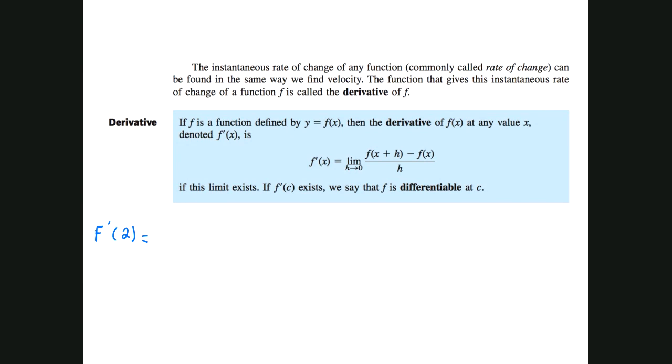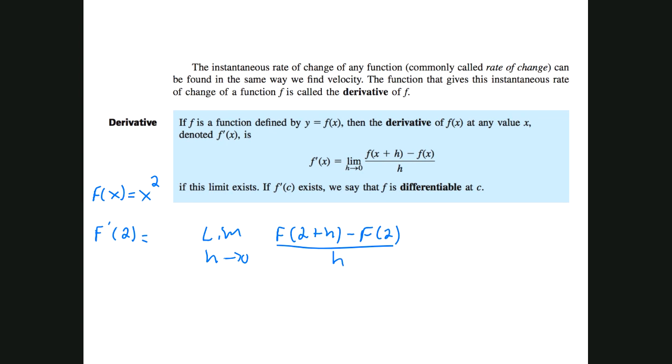Then I would have to do the limit as h approaches 0 of f of 2 plus h minus f of 2, all over h, and I'm using f of x equals x squared. So we're using x squared.